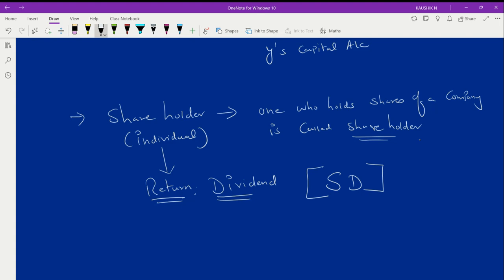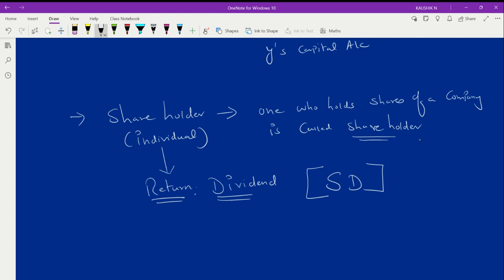You might have heard about SD, standard deviation, in your 11th economics under statistics. Standard deviation SD ன்னு சொல்லுவாங்க. So S stands for shareholders, D stands for dividend. So shareholder dividend, SD, easy way to understand. Got it?